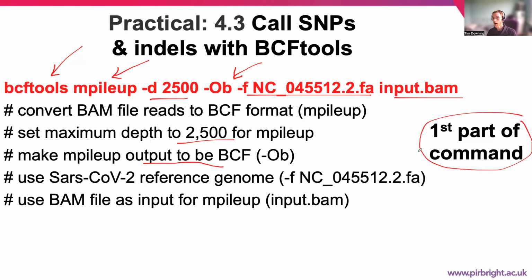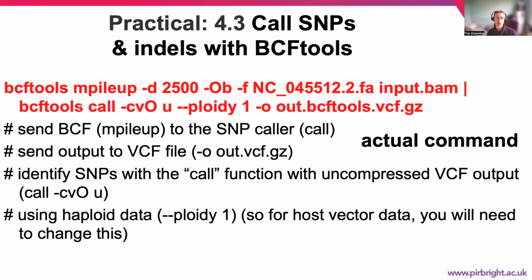So the next step is to pipe it out to bcftools call, which you can see here. And we're using -mv -Ov, which corresponds to using the call function with uncompressed BCF output, with the ploidy set to 1 because we're dealing with virus data. And we're sending this output to output.bcftools.bcf.gz. So you'll see that it's the compressed format that we're using here, .gz, for BCF files.